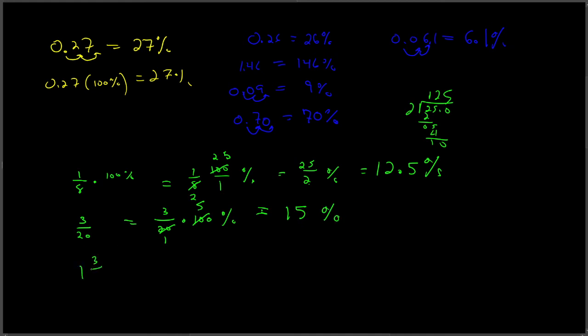And 1 3/4 as a percentage is going to be, well, we'll turn this into an improper fraction. 4 times 1 plus 3 is 7/4, and I'll multiply it by 100%. Again, 4 goes into 100 25 times. So I get 7 times 25. So 7 times 5 is 35. Carry my 3. 7 times 2 is 14 plus the 3. 175%.